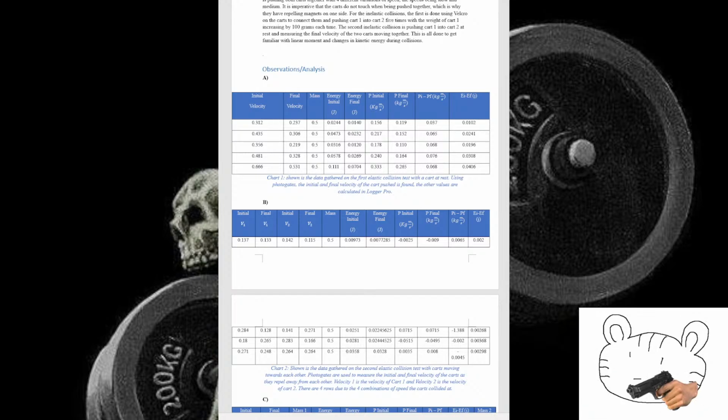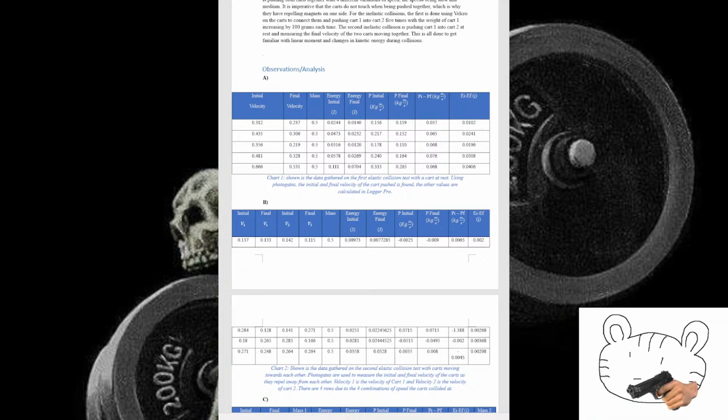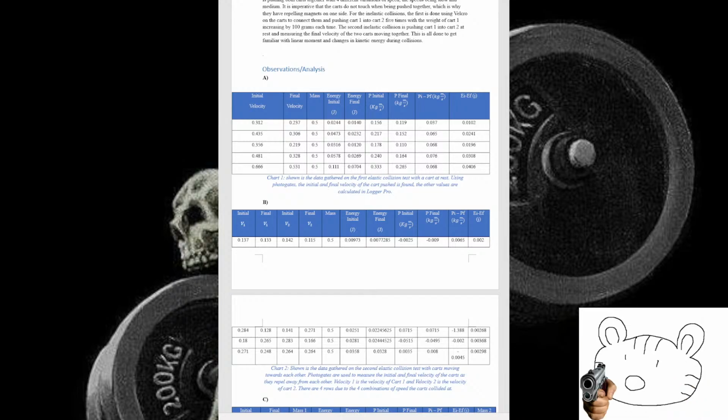Anywho, I was just looking at my graphs. I was like, damn. Why is there only one PI and PF? How does that make sense? I was looking at this, and when I say this, I mean my logger profile.